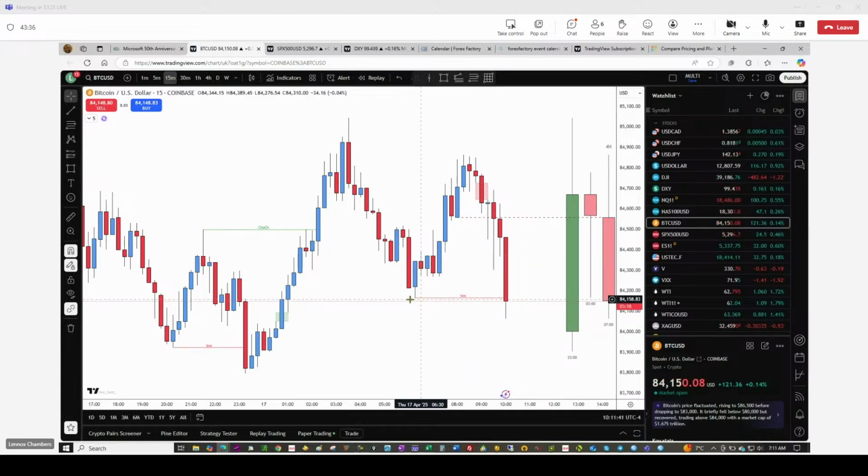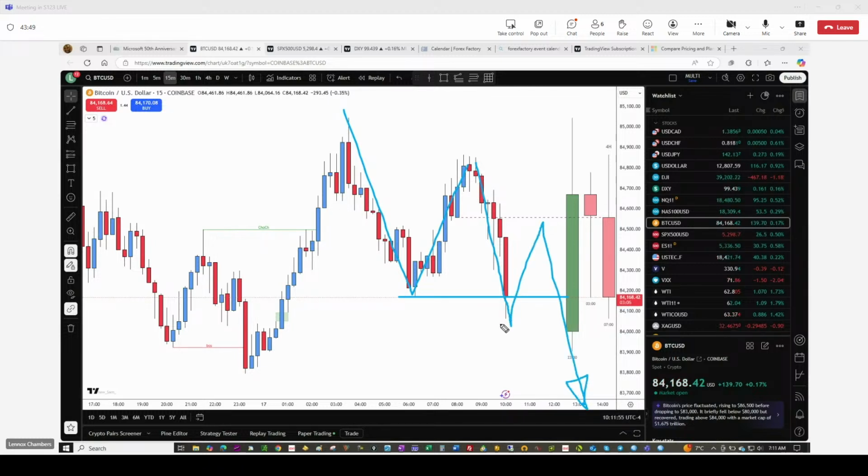So we've taken this low. Because we've swept this low here, this is on the 15-minute. So there's our 1, 2, 3. Sweep these lows. We would expect a retrace and then a continuation down to take out this low. So a retrace back up would be a good opportunity for a sell.